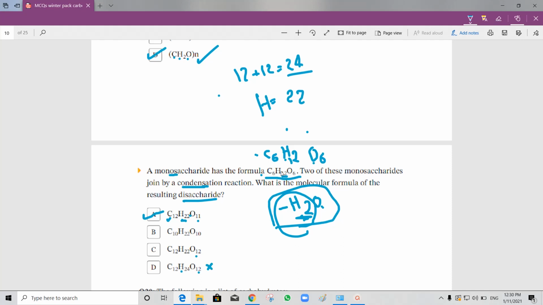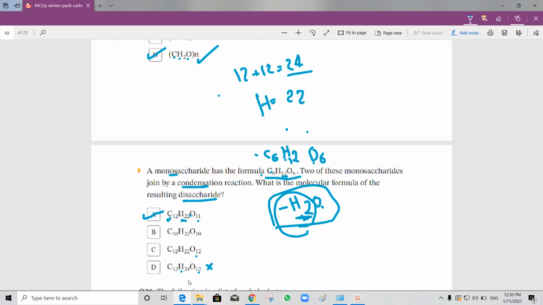You are telling me that when we add 6 carbon to 6 carbon we get 12 carbon, 12 hydrogen to 12 hydrogen gives 24, and 6 oxygen to 6 oxygen gives 12, because we are adding two monosaccharides together, so this should be the correct answer.